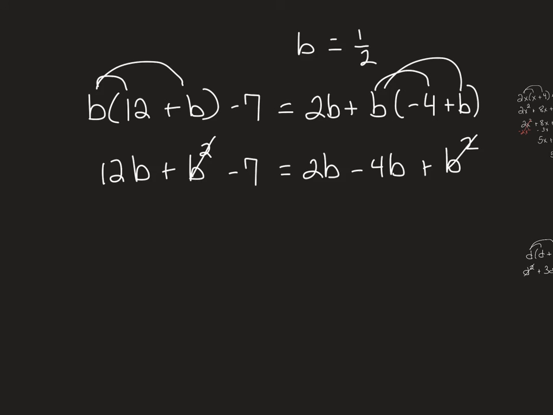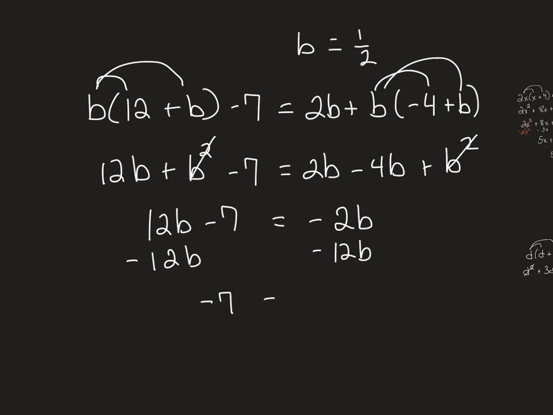So we have 12b minus 7 equals negative 2b. If I subtract 12b from both sides, we get negative 7 equals negative 14b.